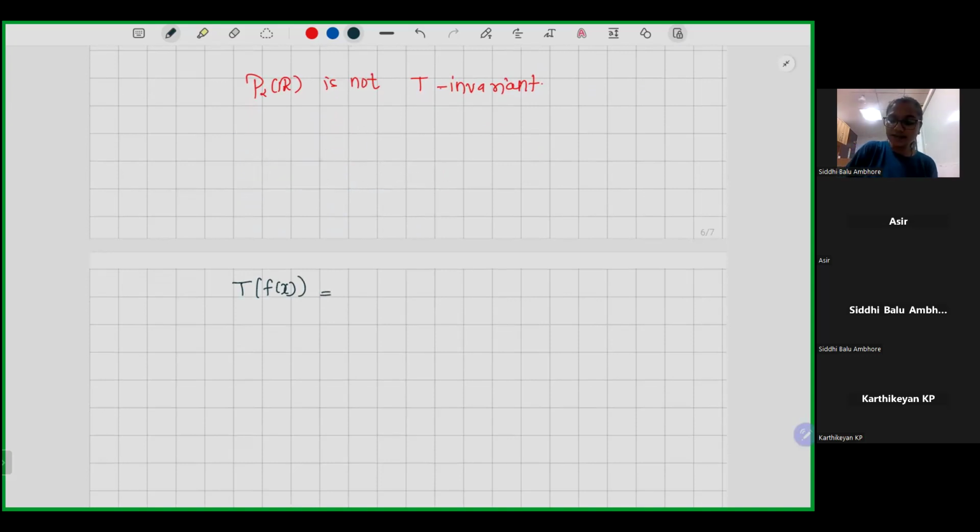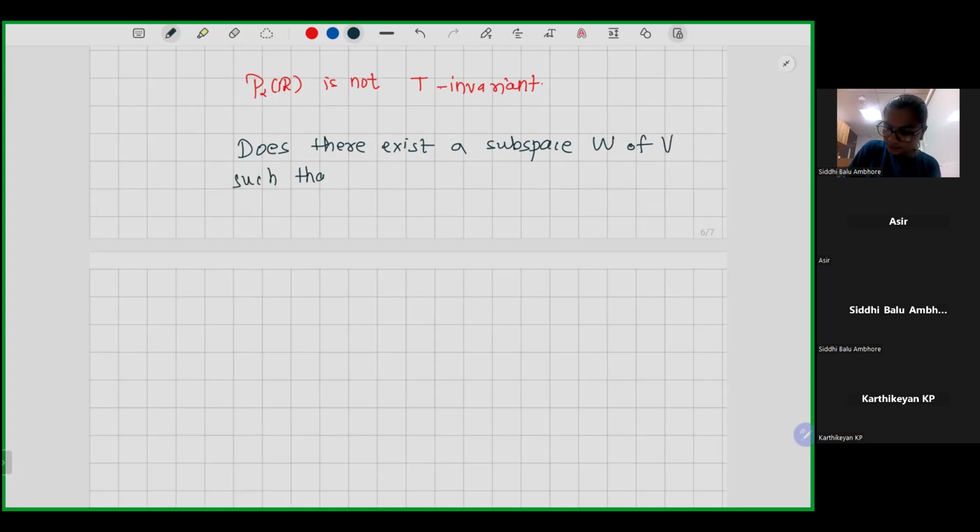No. Let me write the question. Does there exist a subspace W of V, or let me write P(R), such that W is T invariant, where T of f(x) is equal to x f(x)?